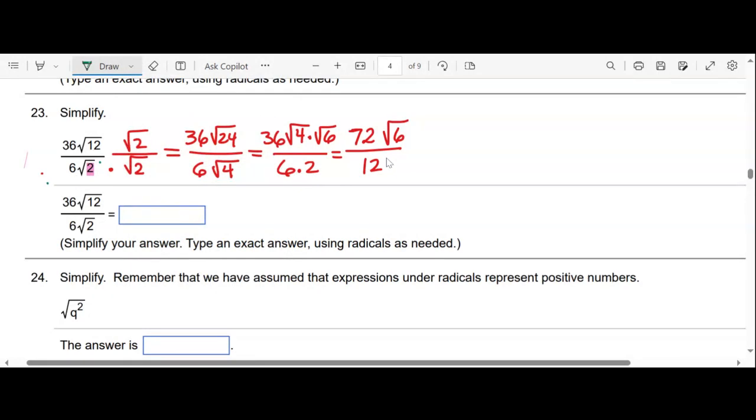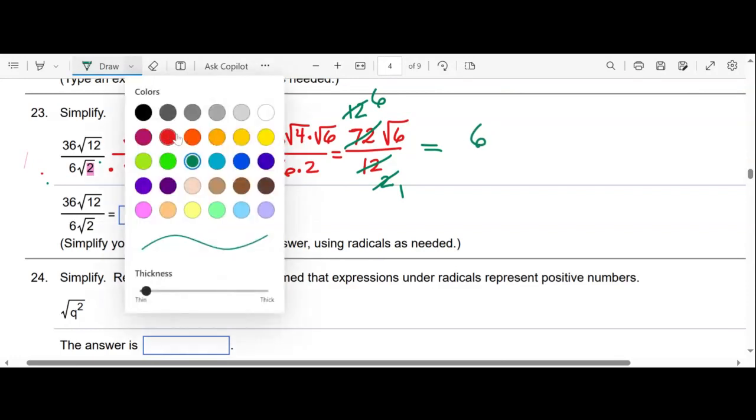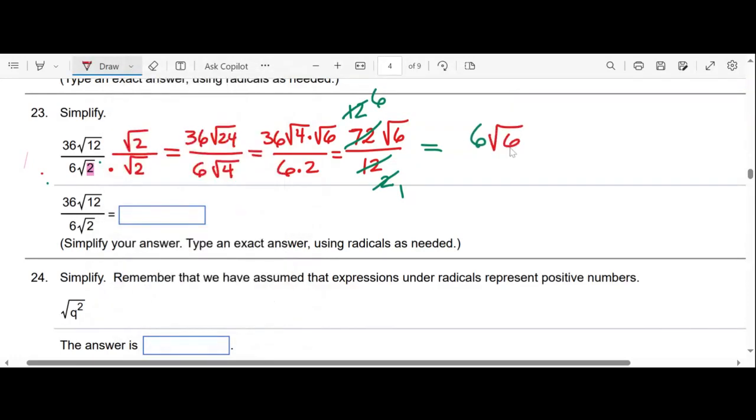Divide by 6. Okay, by 6, what are you going to get? 2. By 6, what are you going to get? 12. Can I divide by 2? 6. So what's your final answer? 6 over 1.